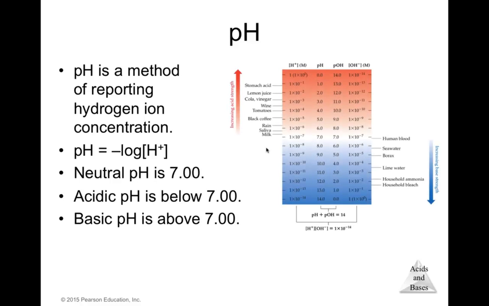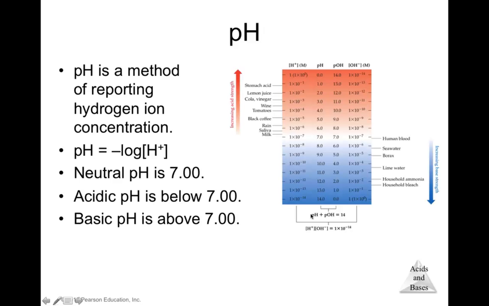Here we have a table with different concentrations, the pH and the pOH. If pH is equal to minus log of H positive, the pOH is equal to minus log of the concentration of OH. As you can see, if the pH is 5, the pOH is going to be 9.